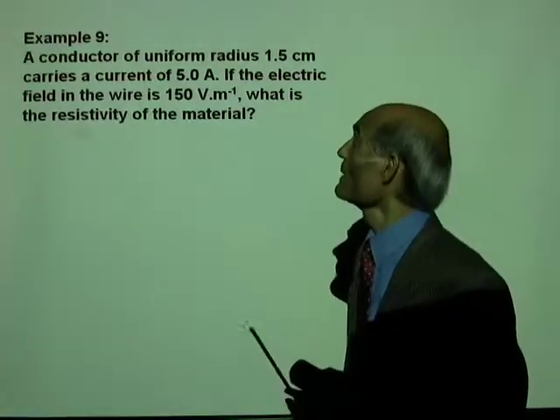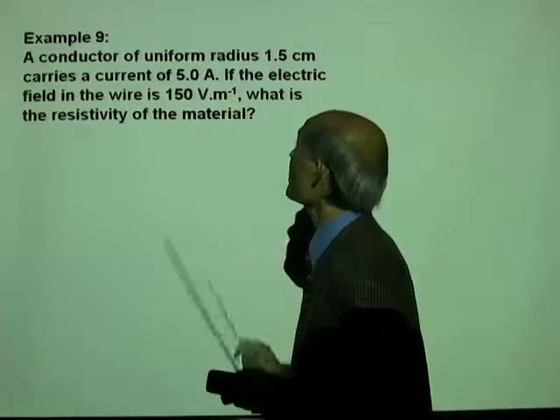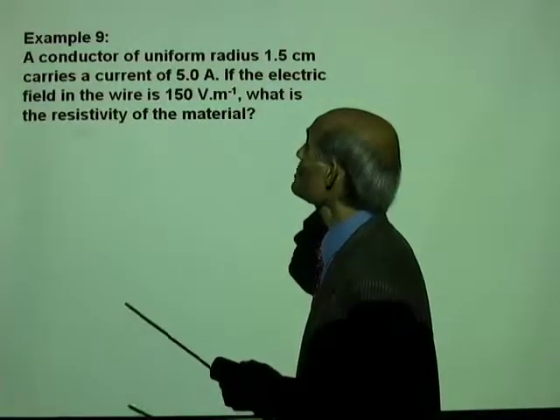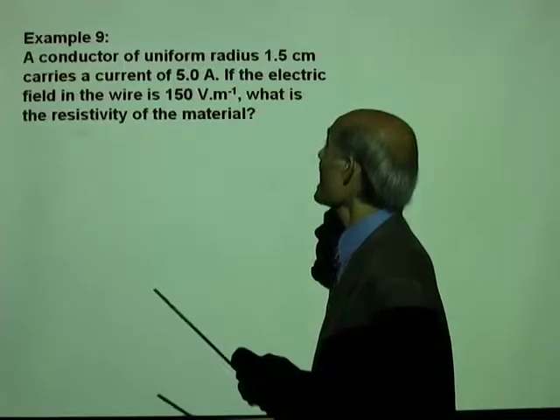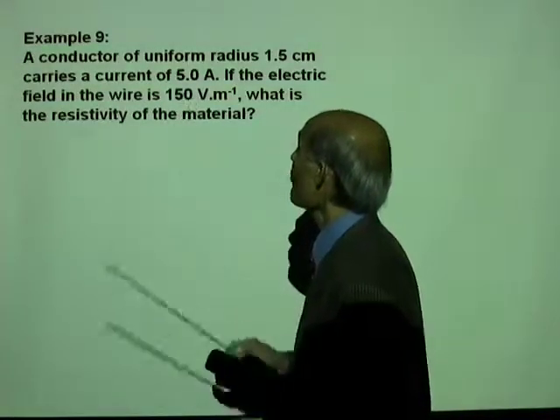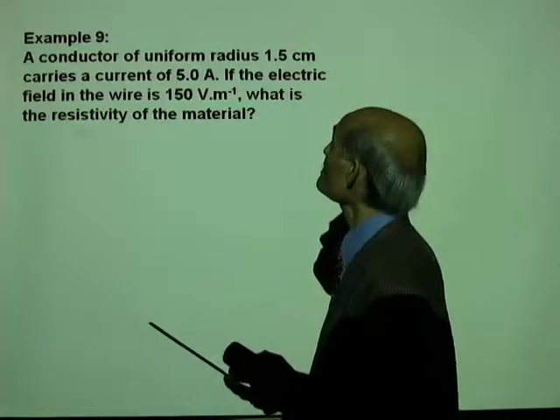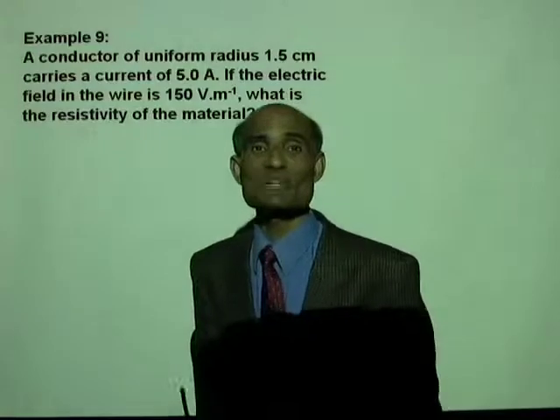Another problem. A conductor of uniform radius 1.5 centimeter carries a current of 5 ampere. If the electric field in the wire is 150 volt per meter, what is the resistivity of the material?